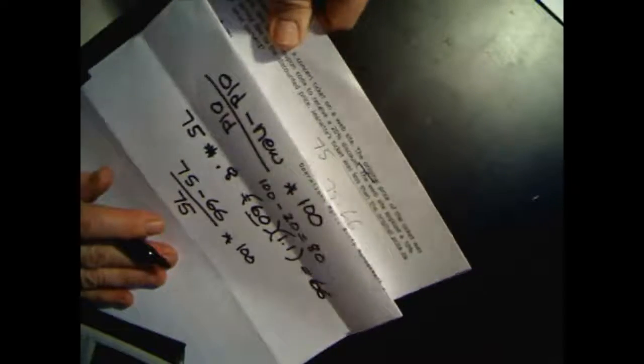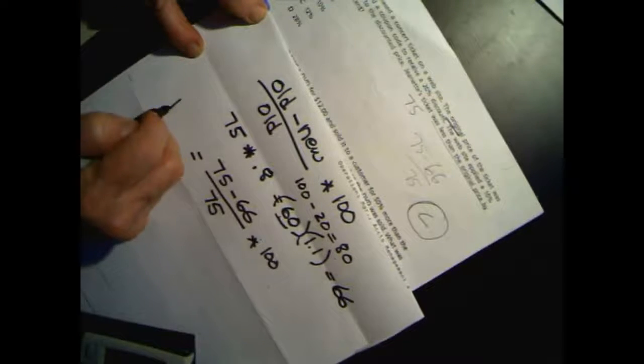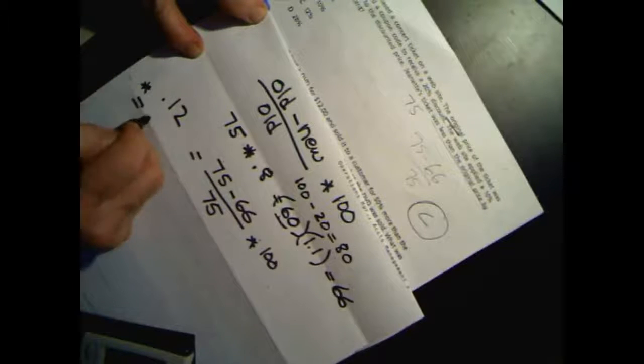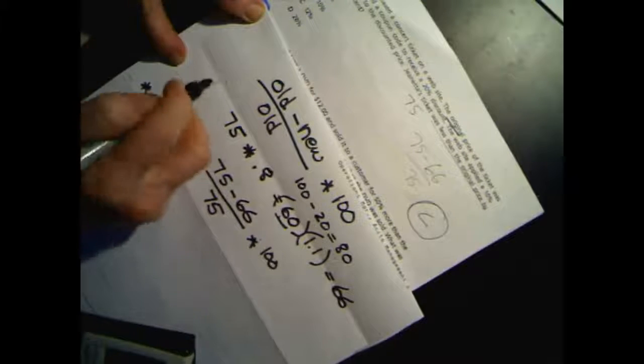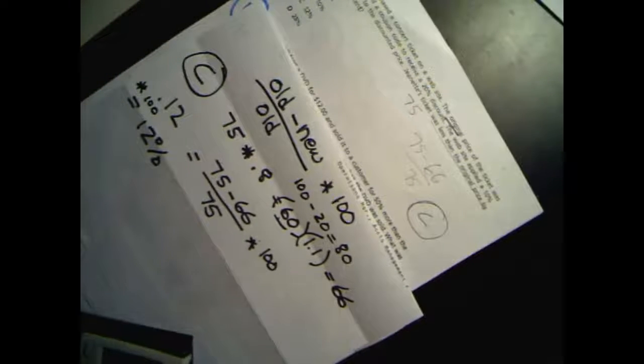When you do those calculations, you will find that you get 12%. It's actually 0.12 multiplied by 100, 12%, and the correct answer is C. Take a minute and move on to question number 15.